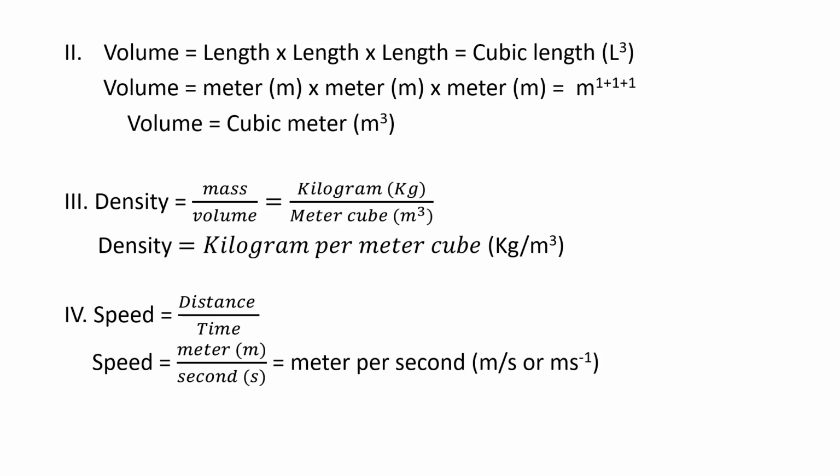Now let's go to the fifth one, which is velocity. What is the velocity? Velocity can also be found using the formula displacement over time. Displacement is also equal to length, just that this distance has a direction. So displacement can be equal to what? Length.